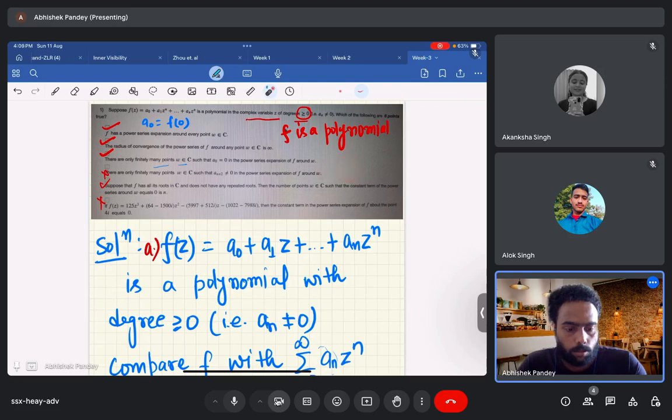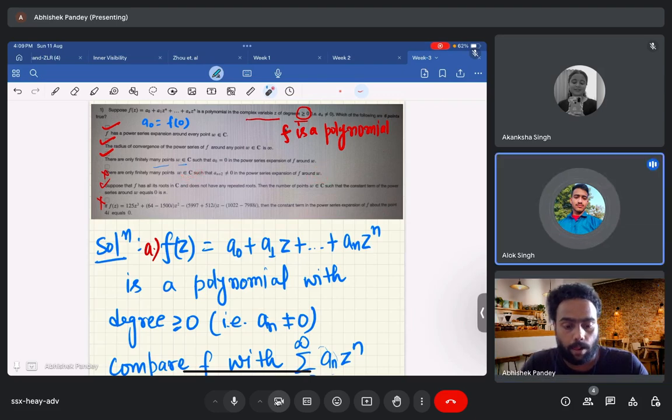So up to n only terms will be there. Other than that it will be 0. So a_(n+2) will be 0 for any w in C, isn't it? Yes, sir, clear.